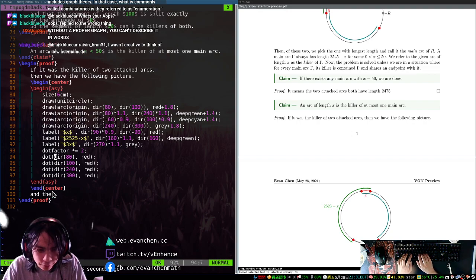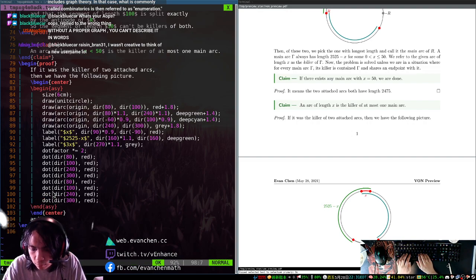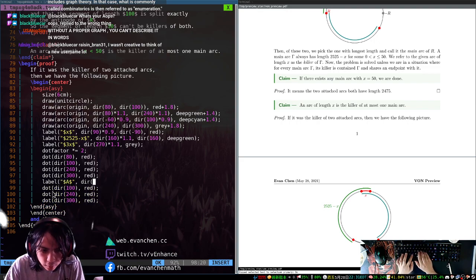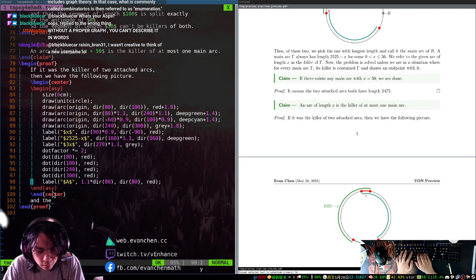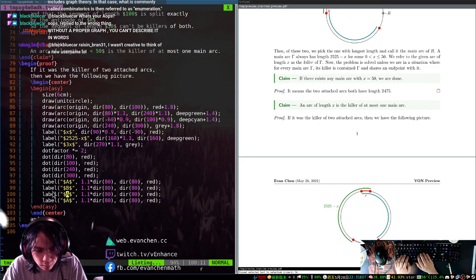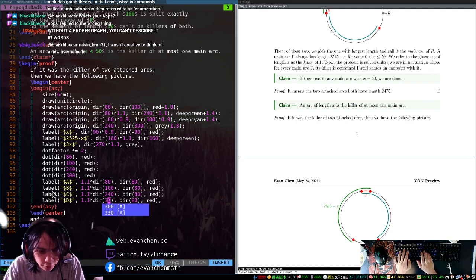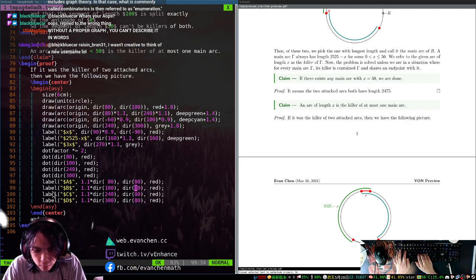Let me name these points. 80 to 80 red. So 80, 100, 240, 300.